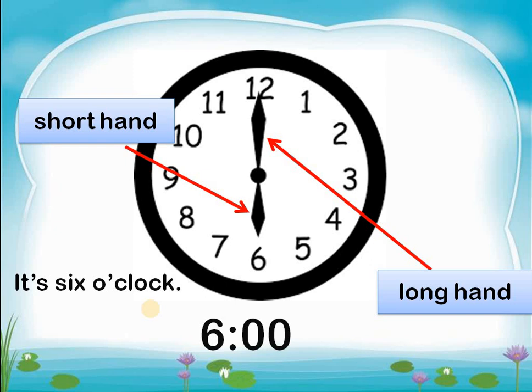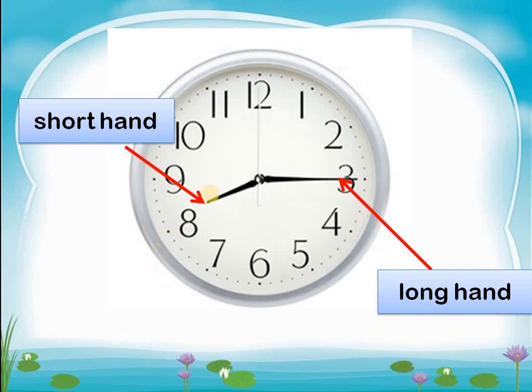Okay, this is very easy. Move on next. Now let's look at this clock again. This time, we have the short hand at number 8. Then we have the long hand pointing at the number 3.